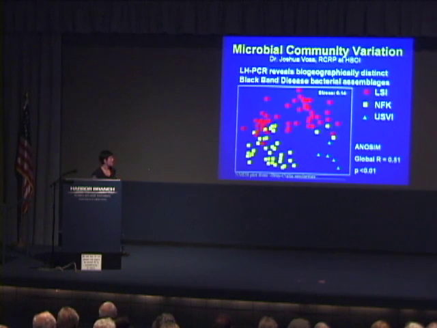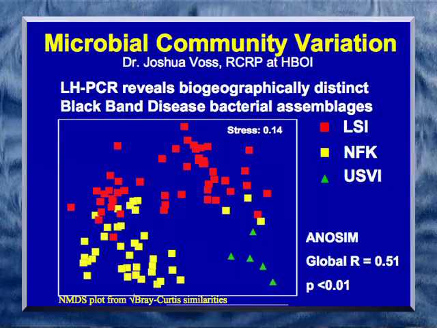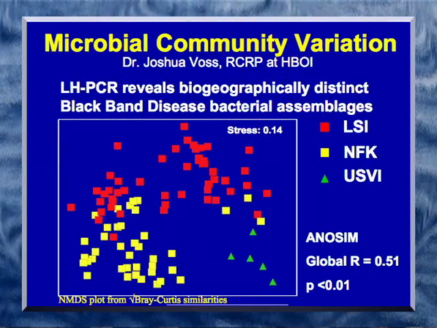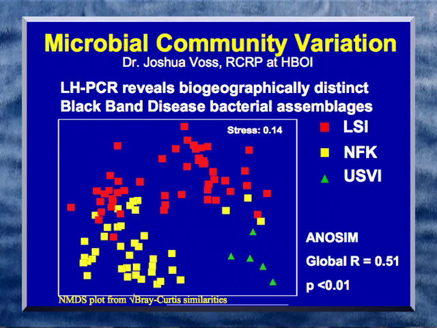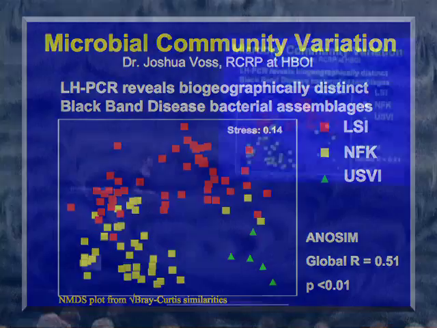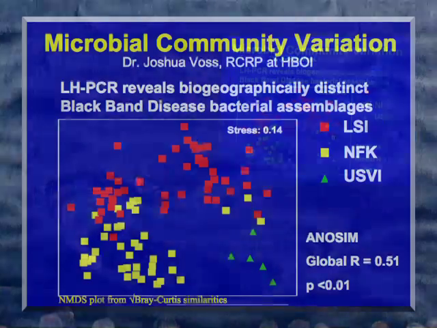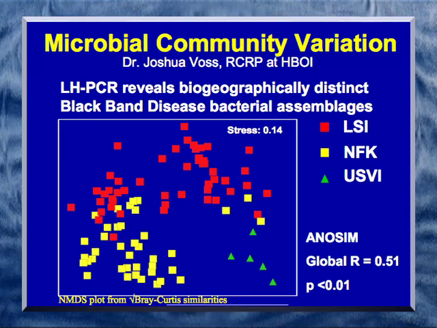So something that's going on at Harbor Branch in the Robertson Coral Reef Program currently is the study of Blackband disease infection on coral, and how coral is able to deal with Blackband disease, what the immune response is, and what the mechanisms behind it are. Dr. Joshua Voss has been studying the particular bacterial communities of Blackband disease using a molecular technology called length heterogeneity PCR.